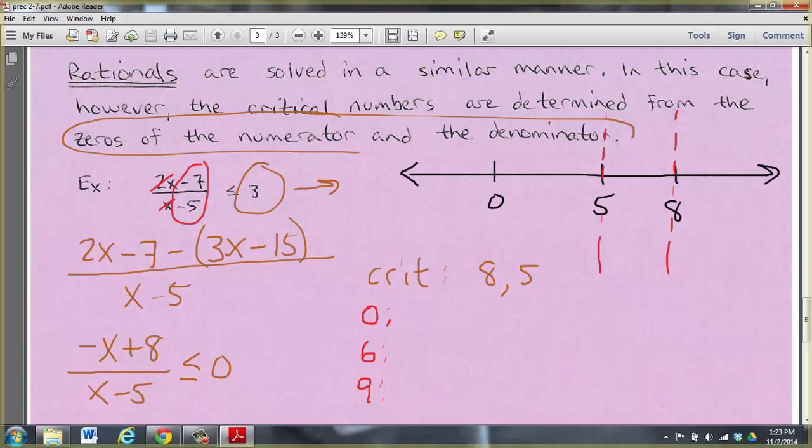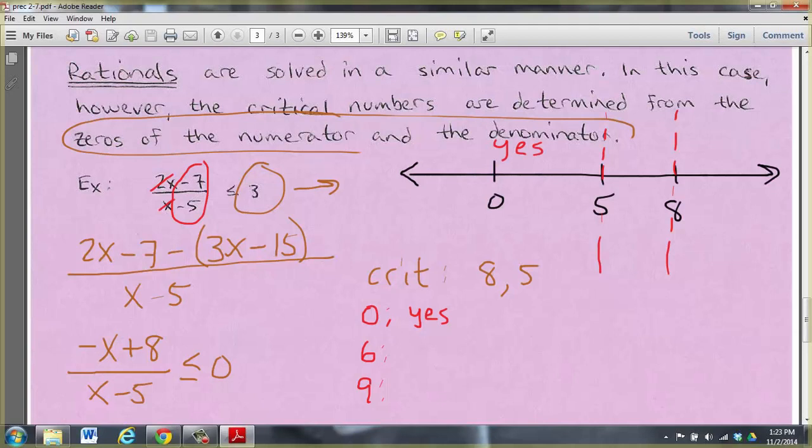I'm left with a negative 7 over negative 5, which is 7/5. Is 7/5 less than 3? Yes, because 15/5 is 3. We only have 7 of them, so this zone works.